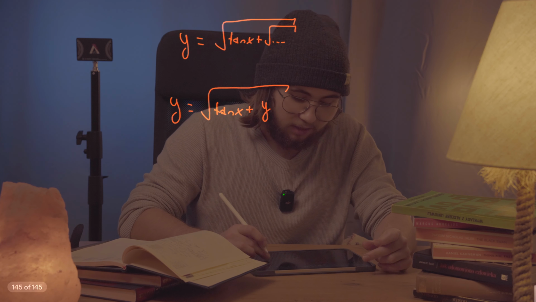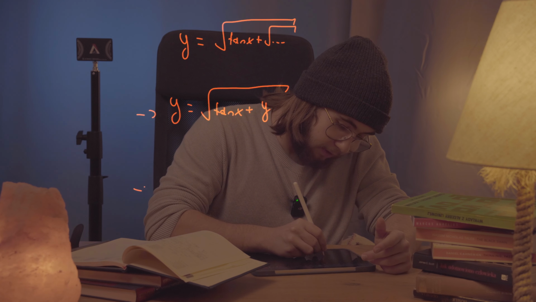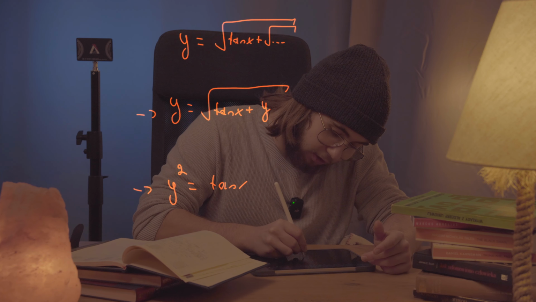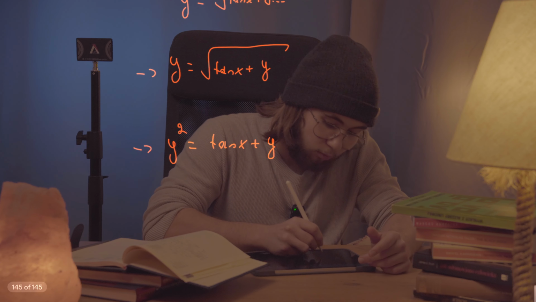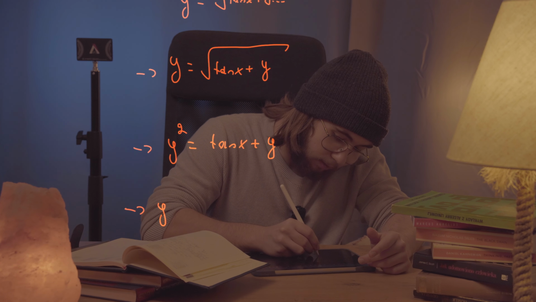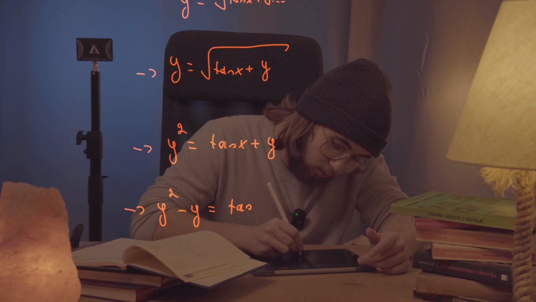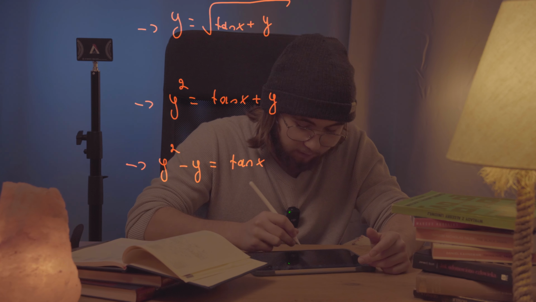Lovely, so let's do it. What I'm going to get after squaring everything is y squared equal to tangent x plus y. Now I can move that y to the left-hand side. I'm going to get y squared minus y equal to tangent of x.